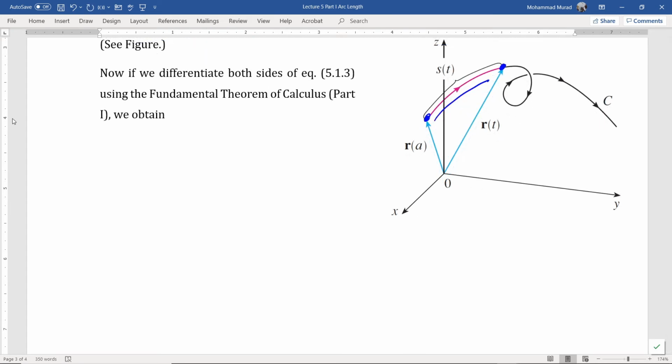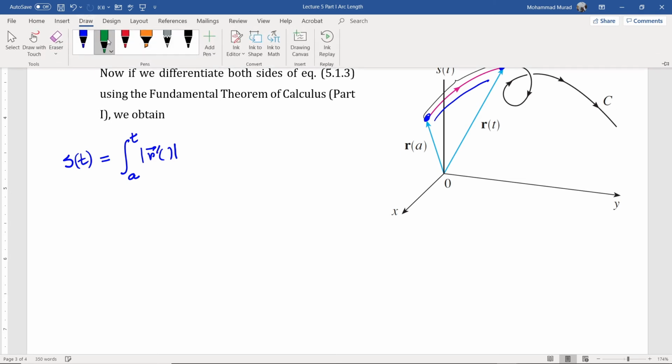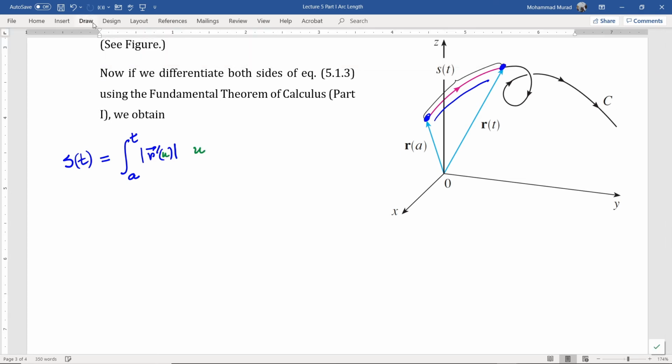Now we differentiate both sides of equation 5.1.3 using the fundamental theorem of calculus part 1, namely the equation s of t equals the integral from a to t, the magnitude of the vector r prime of the variable u, to obtain the equation shown in equation 5.1.4.